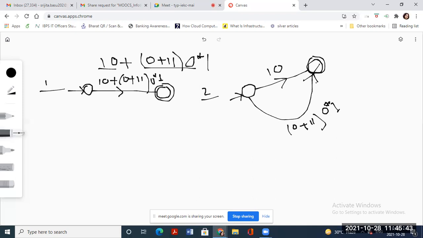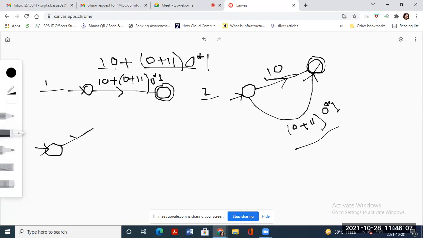Next we will further try to break this expression. So this is one expression, this is another expression. So we try to break this expression. In the next step, again we are taking an initial state. For 10, 10 means it's a concatenation. First 1 will come and then 0 will come.